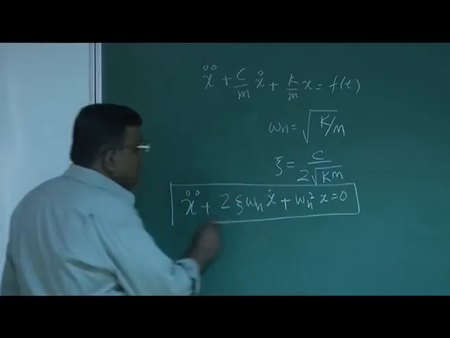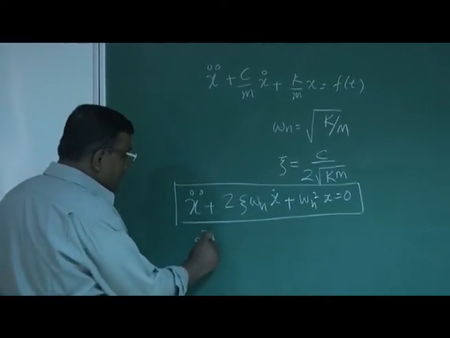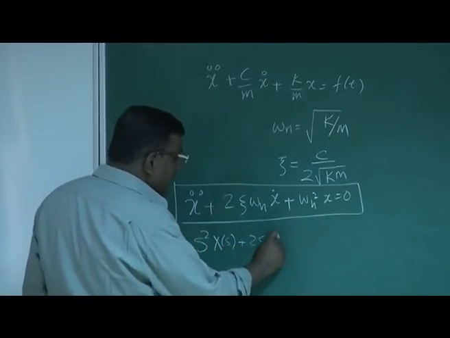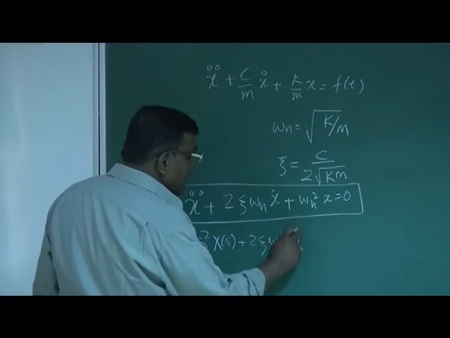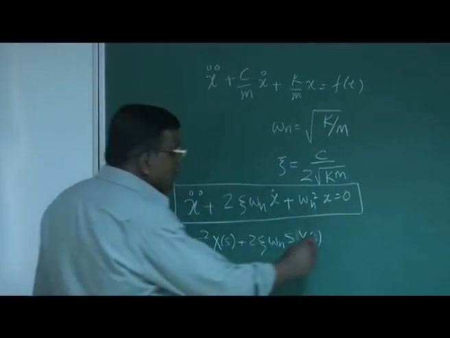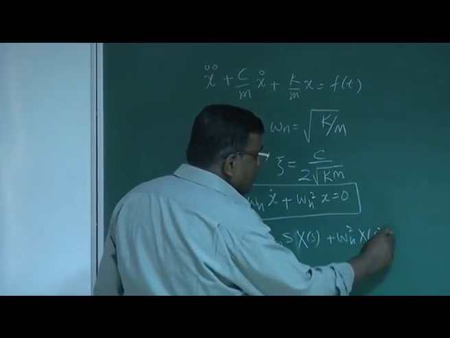Once you agree with this, now if I take a Laplace transform, what happens? It becomes s square x of s plus 2 zeta omega n s into x of s, putting all initial conditions 0, plus omega n square x of s equal to 0.